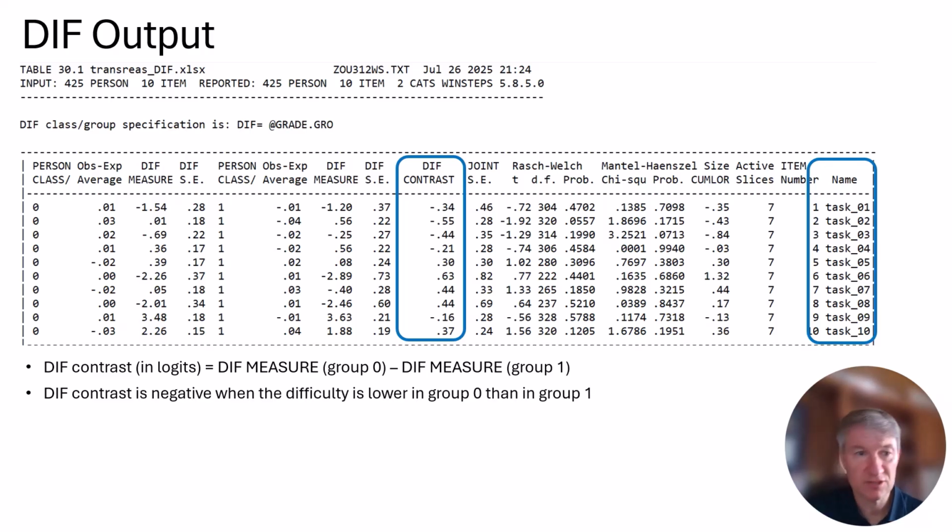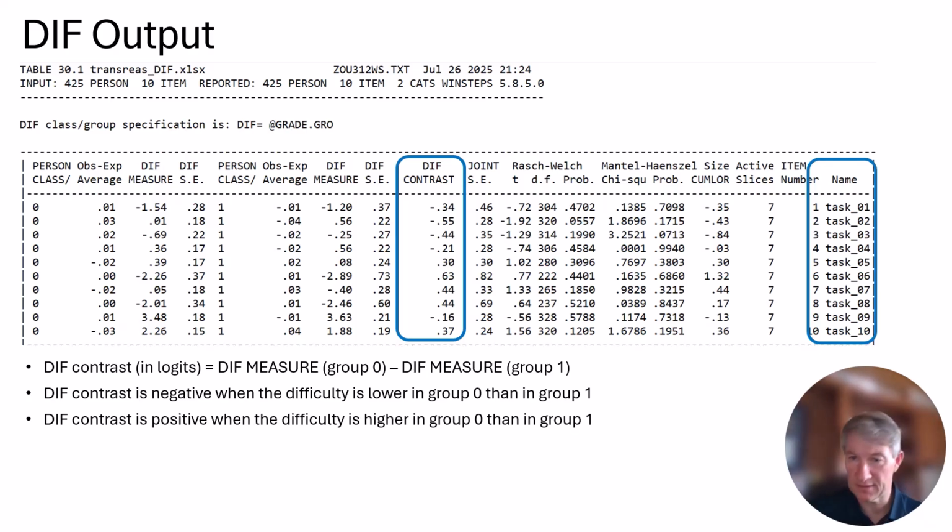So as such, if the diff contrast value is negative, then that means the difficulty is lower for a certain item in group 0 than in group 1. And then the converse would be true: if the diff contrast is positive, then the difficulty is higher in group 0 than in group 1.